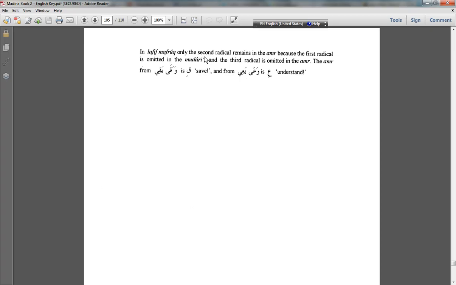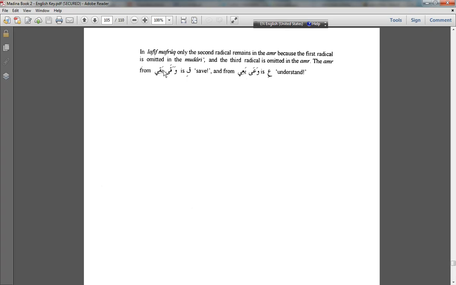In lafif mafruq, only the second radical remains in the amr, because the first radical is omitted in the mudari and the third radical is omitted in the amr. The amr from waqa yaqi is qi and wa'a ya'i is i.